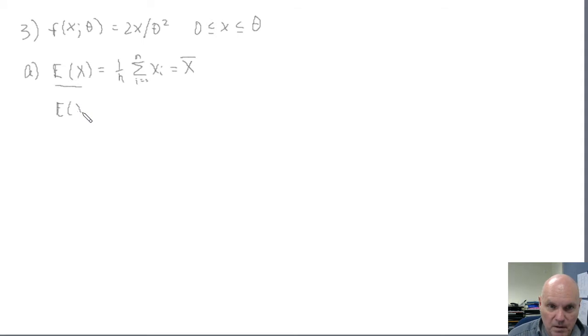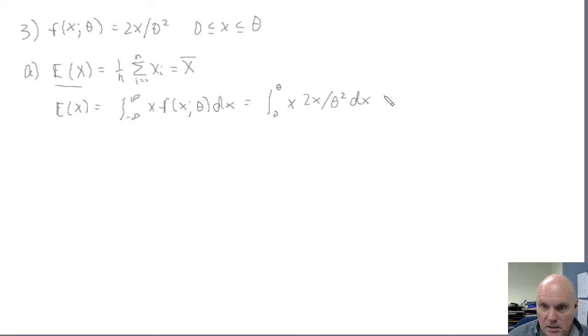To determine the expected value, I integrate X times its PDF over X. Again, the PDF is only non-zero between 0 and theta: the integral of X times 2X over theta squared dx.